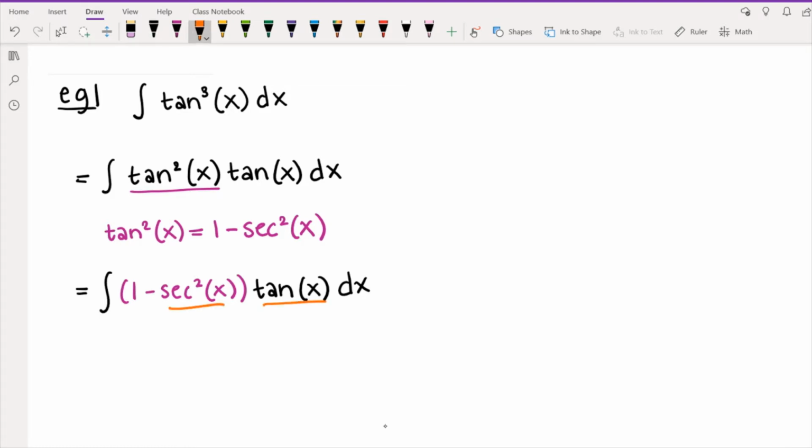Maybe we can do a substitution, but we cannot do that yet because it's not just secant squared times tangent. We also have this 1. So the first thing we want to do is distribute. So if we distribute, we end up with secant squared of x times tangent of x minus tangent of x.